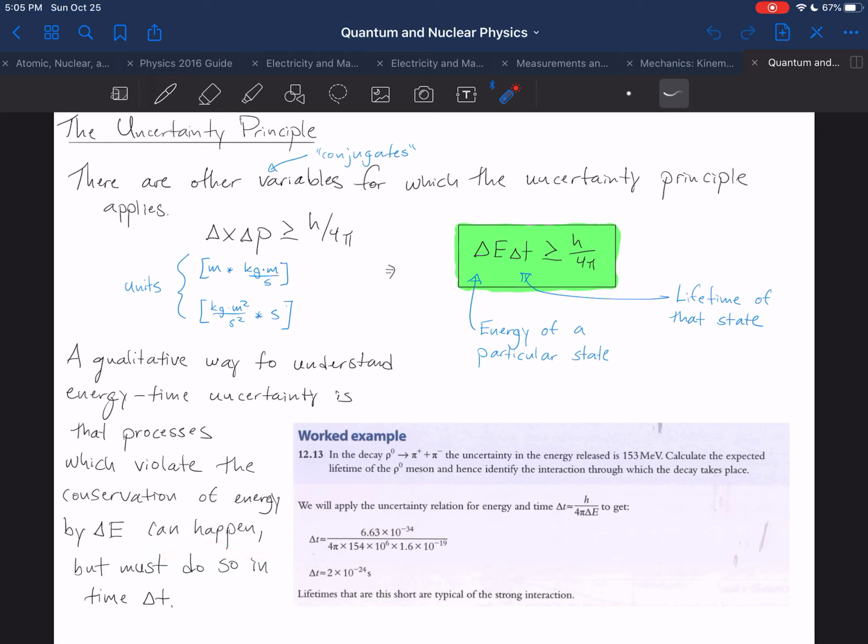And if delta E is bigger, if the amount of energy by which the system would need to violate conservation of energy in order to make it happen is big, then delta t is going to be very small. It must happen incredibly, incredibly quickly. That's the way to think about this. The energy of a particular state can be thought of as having that delta E, and then the lifetime of that state is delta t.